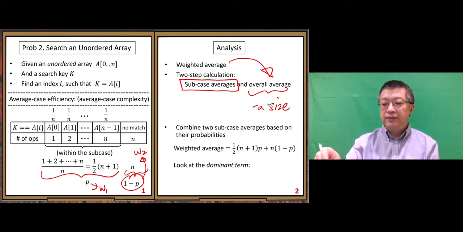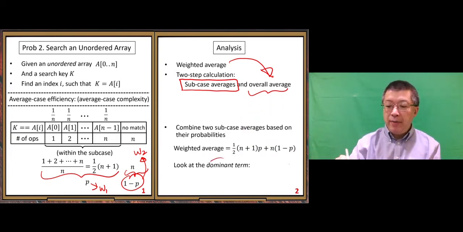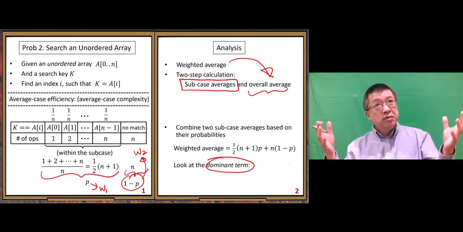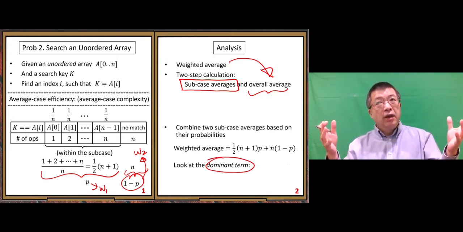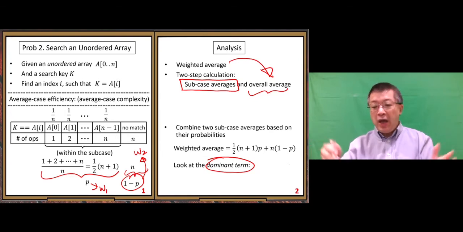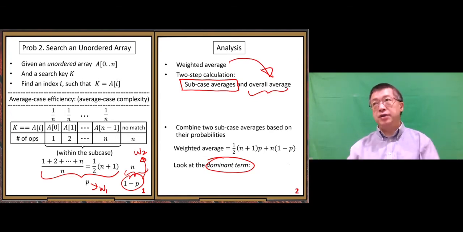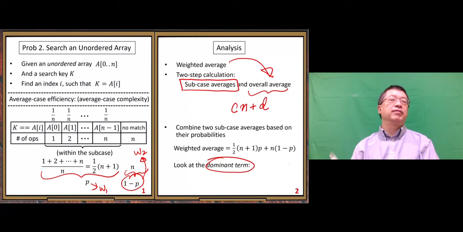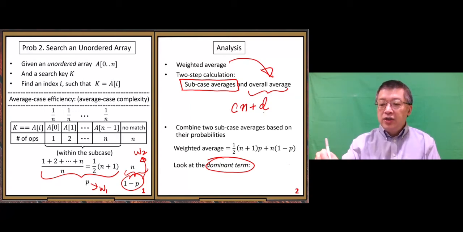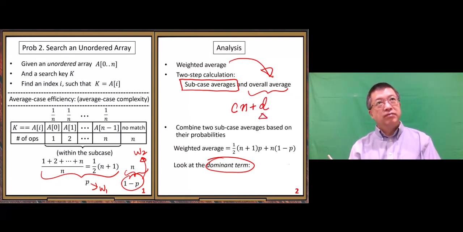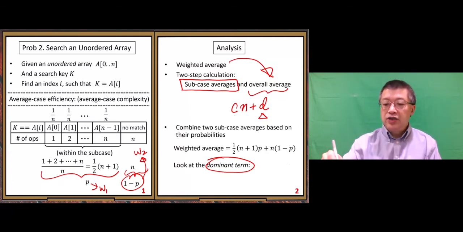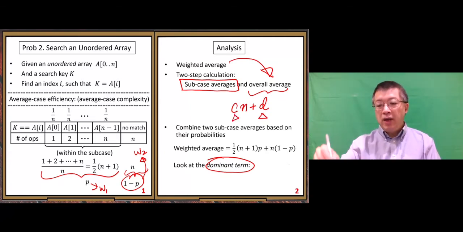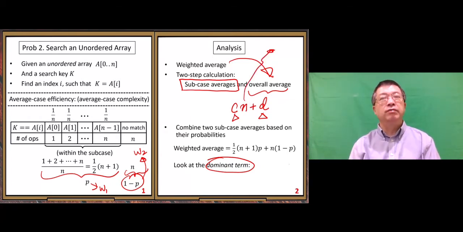Now, when we talk about the dominant term, there are several terms here. n is the variable, and everything else is a constant. So we may have a constant C times n plus another constant D. This D, the constant, never changes, and C, constant, never changes, but n can change based on the number of items in the data.